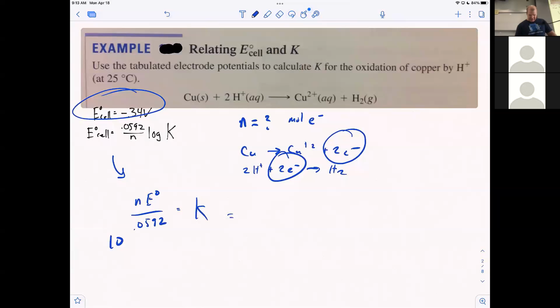So then you just plug in the numbers, 10 to the 2 times 0.34 all over 0.0592. And when you put that in your calculator, you get 3.3 times 10 to the minus 12. So not surprisingly, it's a small number.